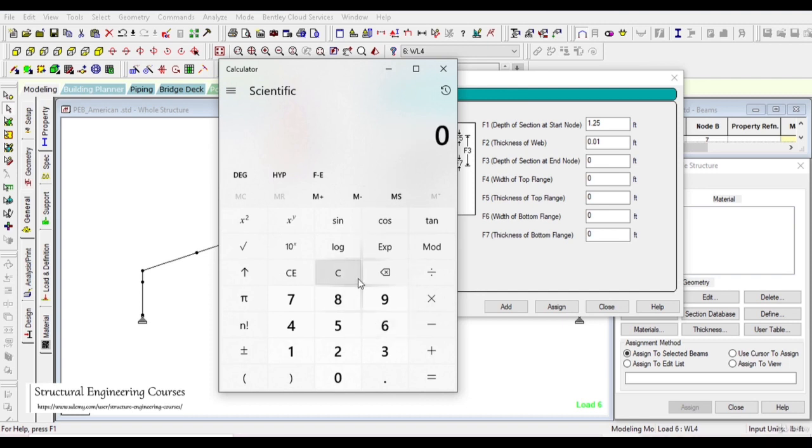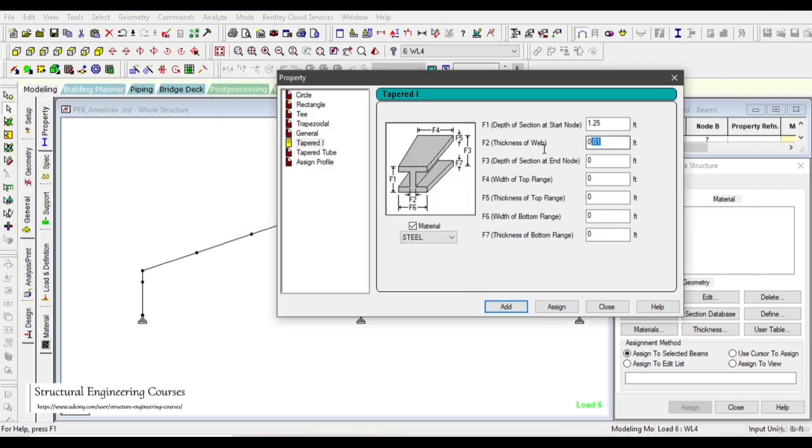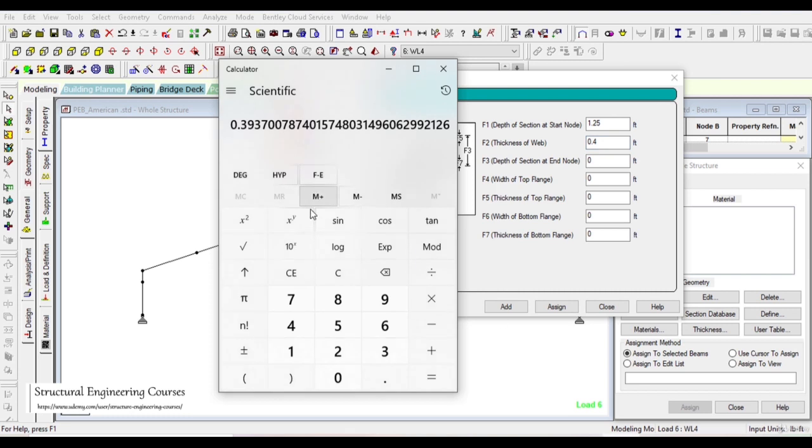Let us say if we are talking about the web of this 10 mm, so 10 divided by 25.4 comes out to be 0.4 foot. So 1 foot is 0.4 into 12 into 25.4.